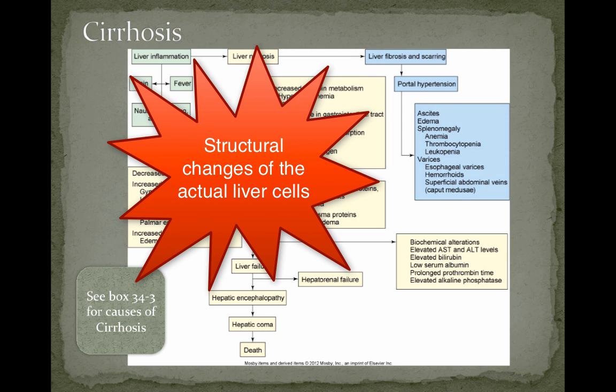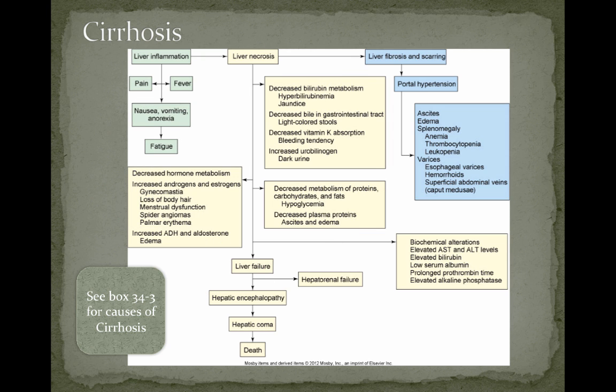So over time, the liver is going to essentially harden, and that's really what cirrhosis looks like in the liver. So again, the liver inflammation will cause necrosis of those liver cells, and as the body's inflammatory response is trying to heal them, the liver cells will become fibrotic over time.